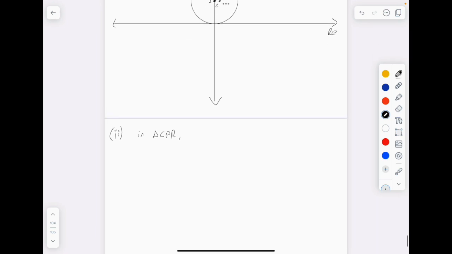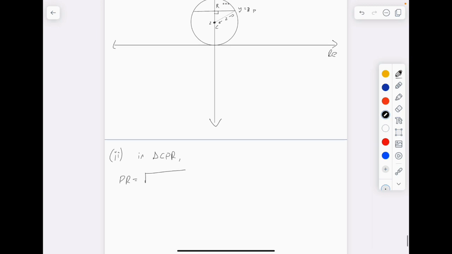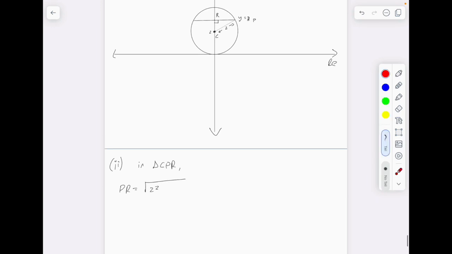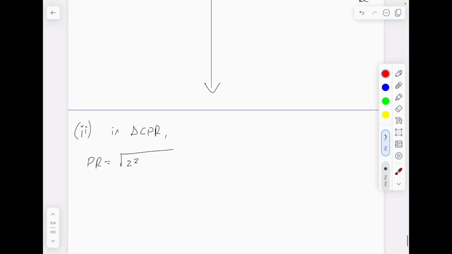PR squared is going to equal CP squared minus CR squared. Now what is CR? Well, this is going to equal 1, because it's got a radius of 2, therefore this bit is 4, so this must equal 3. We know that because y equals 3, but just clarifying.